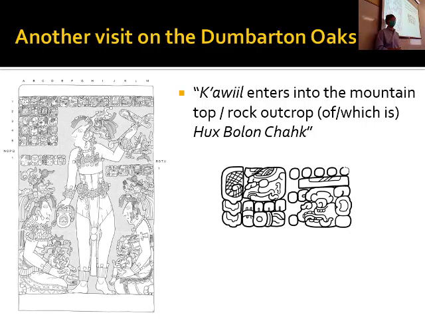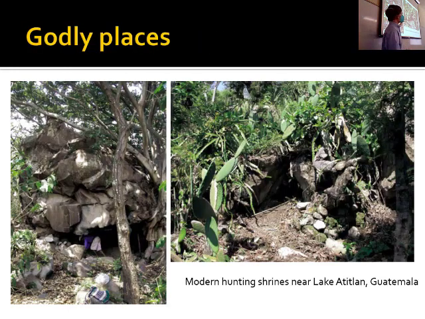These are modern Maya Chens, and they're often rock shelters, outcrops around on the periphery of the settlement. Hunters go to these places when they want to make sure they could catch deer, and they leave antlers and other body parts of deer, usually at the entrance of these mountaintop shrines. In the great epic of Popol Vuh, the text mentions that the gods were found in the ravines, in the bromeliads, in the forest.